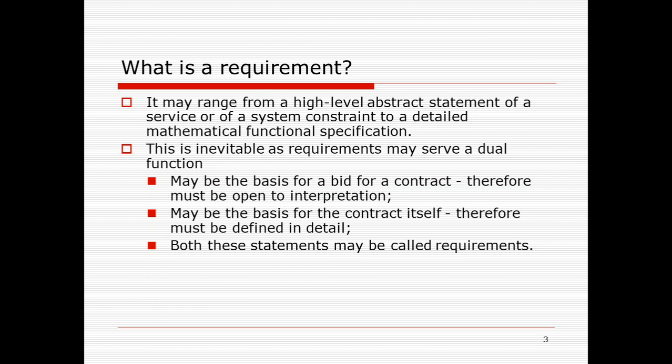So one is an abstract one, which is used as the basis for a bid or contract, and another is a detailed requirement, which is the basis for the contract itself. Both the abstract one as well as the detailed one are requirements.